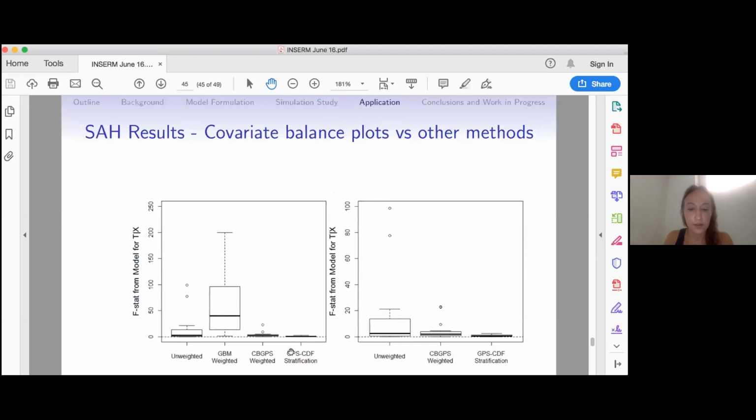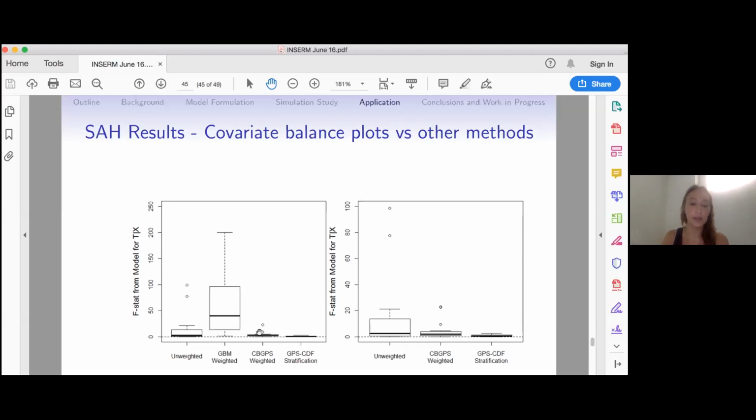So here is our approach, stratification using the GPS CDF method. Here's GBM. I wouldn't propose GBM for a continuous variable. It probably doesn't make a lot of sense, but the authors do say you could use GBM with weighting when you have a continuous treatment variable. And this is from Annals of Applied Statistics. This is your covariate balancing generalized propensity score.